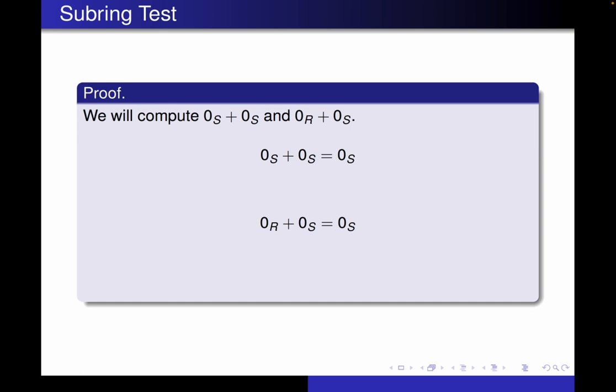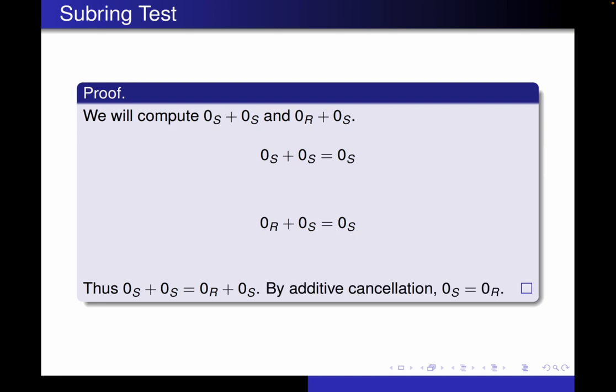Since 0S plus 0S and 0R plus 0S are both equal to 0S, they're equal to each other. And if we use additive cancellation, or if you prefer adding negative 0S to both sides of that equation, we get 0S equals 0R, and that gives us our result.